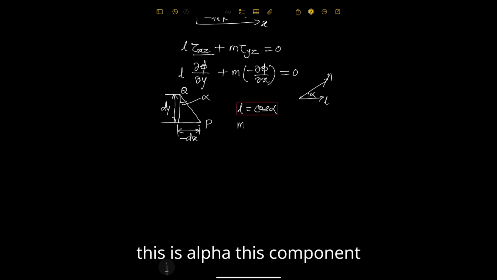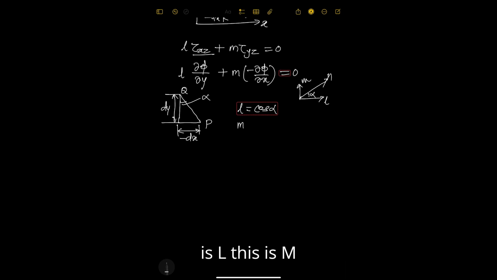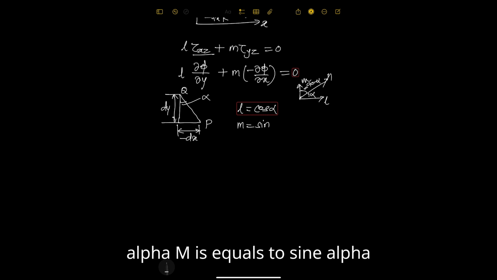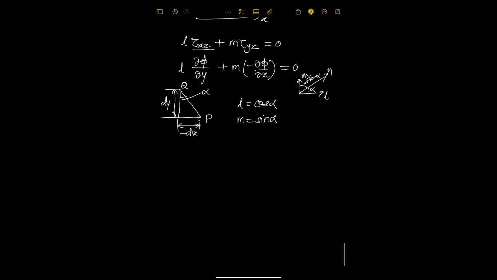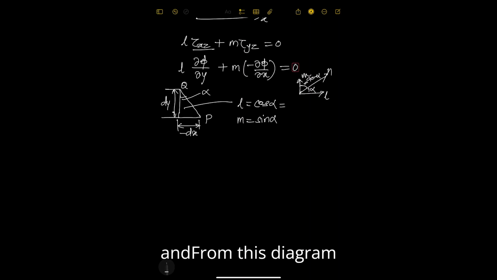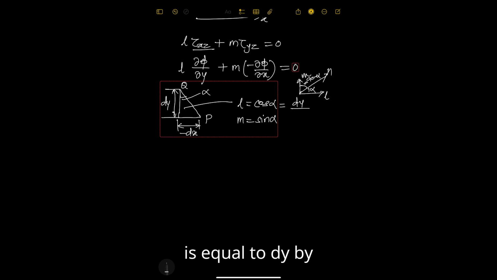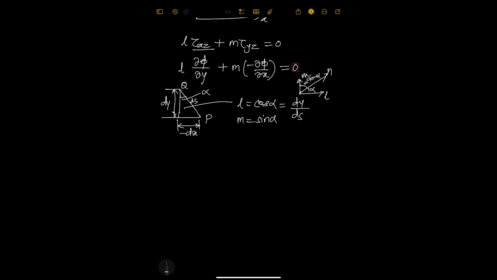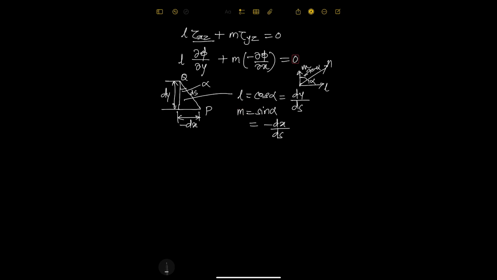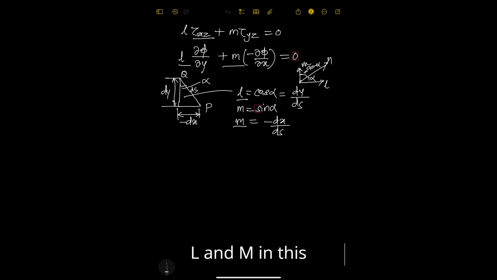So this is alpha, this component is L, this is M, so this is 90 minus alpha, so M is equal to sine alpha. And from this diagram we can say that cos alpha is equal to dy by ds, and sine alpha is equal to minus dx by ds.